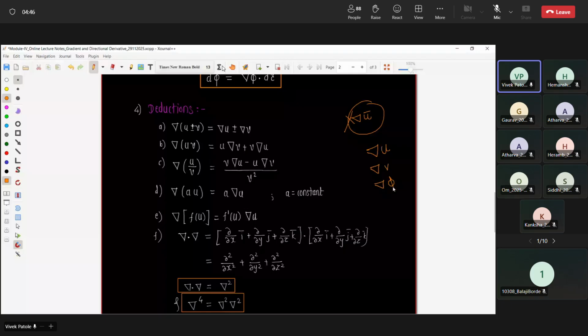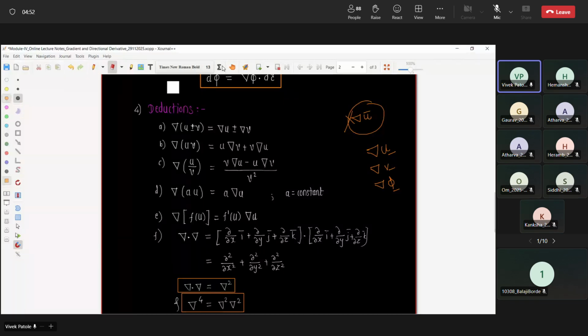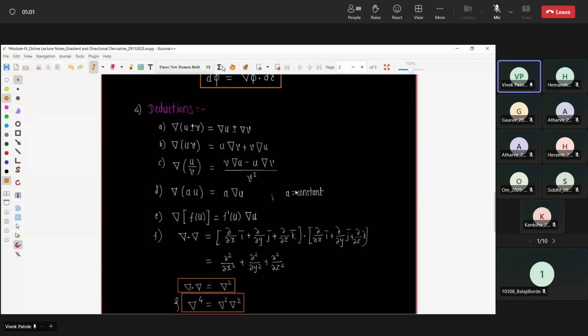This u, v, phi must be scalar functions or scalar point functions. We cannot operate the del operator simply on a vector point function. It should be operated on the scalar point function only. Okay, so everyone, please do keep this in mind.